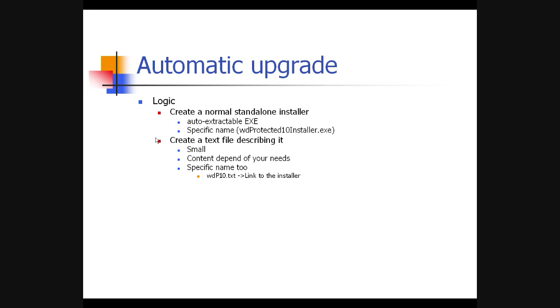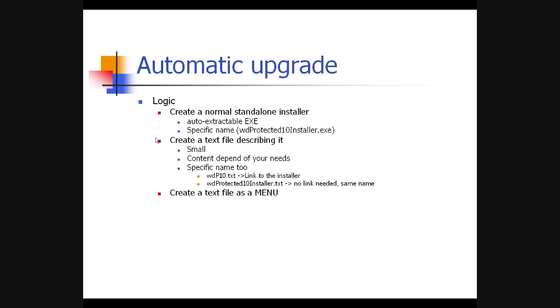Or another method would be to call it wd-protected10installer.txt, and in that case there's no link needed to the executable, because the name is the same. You just have to replace the .txt by .exe and you know what to download. So it's two different methods that both work. It's up to you to do it the way you prefer.